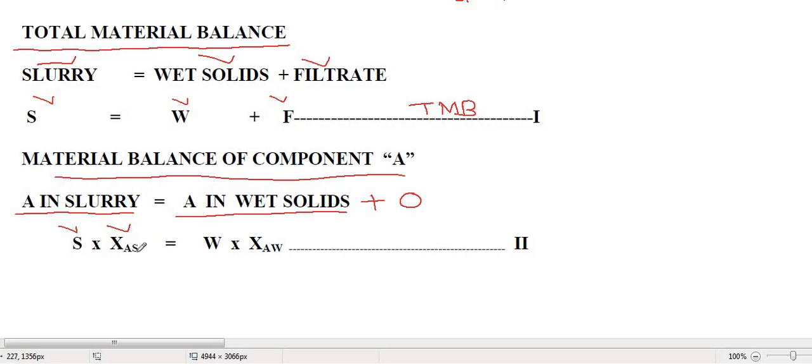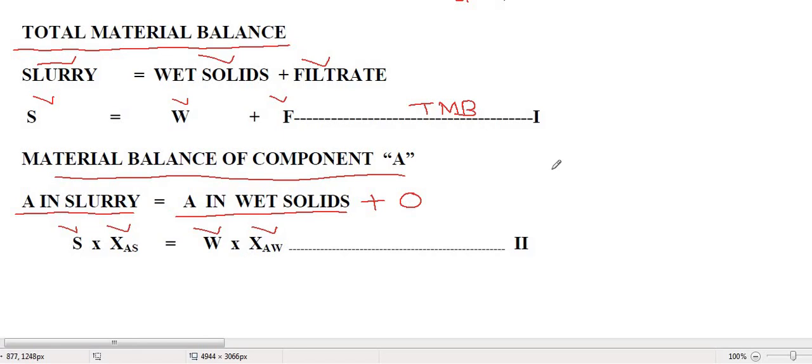Here A stands for solid. That is equal to solids in wet solid, which is given by W into XAW, where W is the amount of wet solid and XAW means fraction of solids in wet solids, or fraction of A in wet solids.